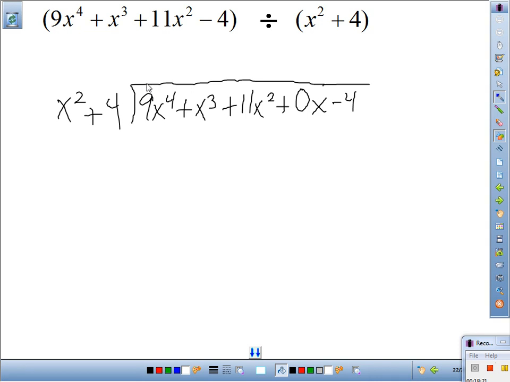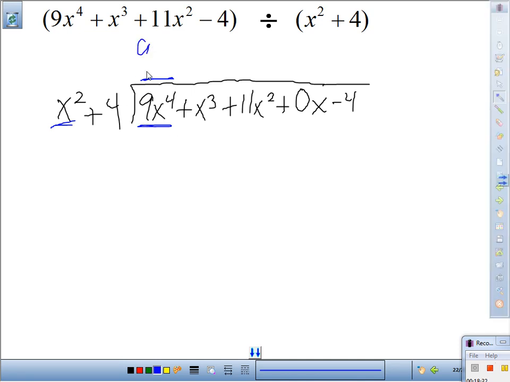Let's see. Larissa, what number times x squared gives me 9x to the 4th? 9x squared. 9x squared times x squared is 9x to the 4th. 9x squared times 4, because we need to multiply the other term outside, right, is 36x squared.